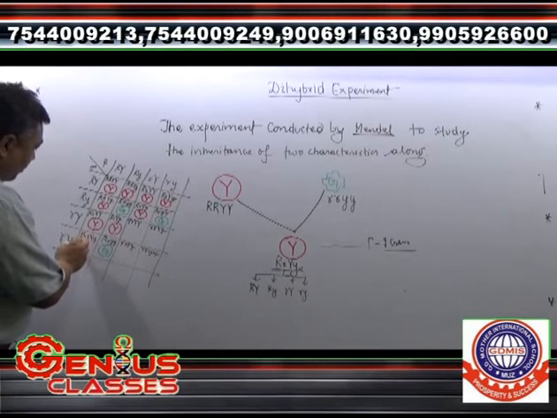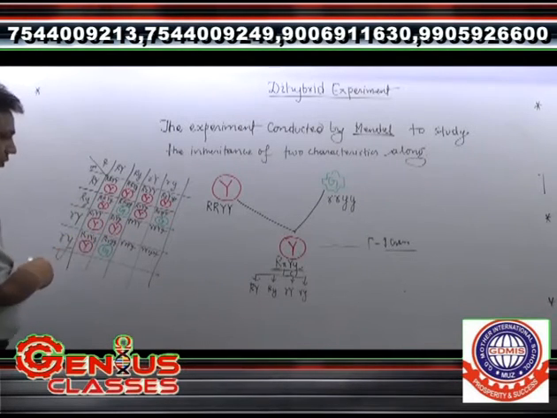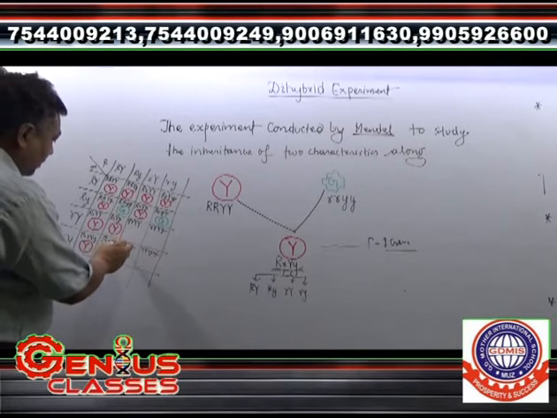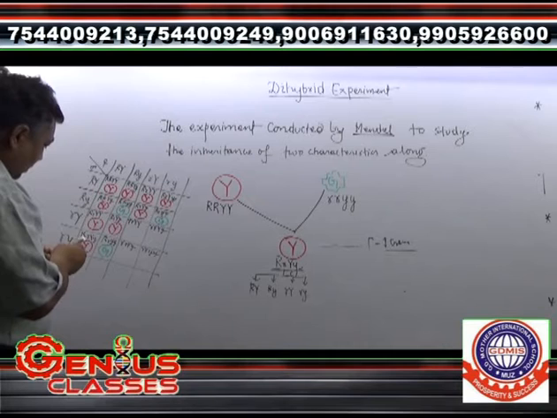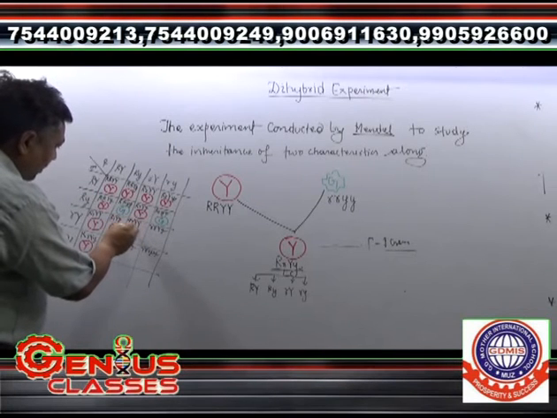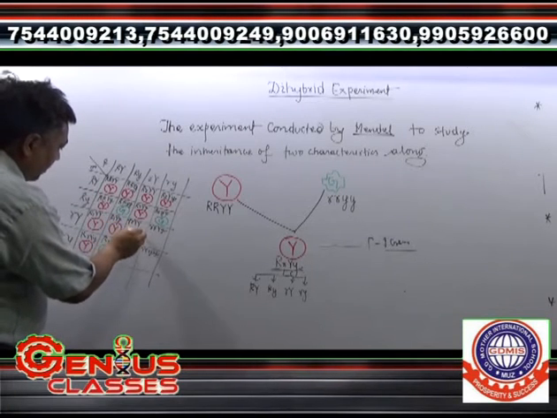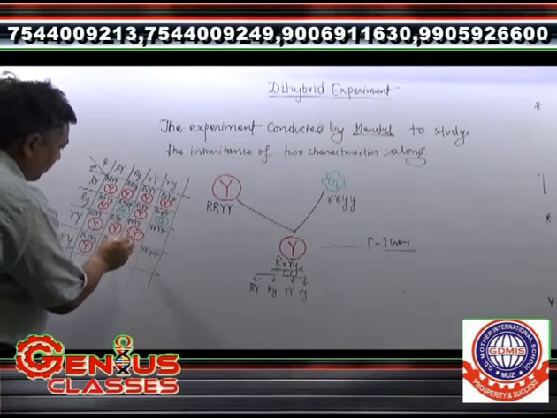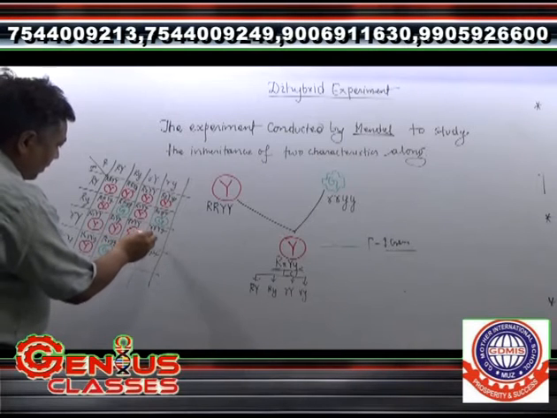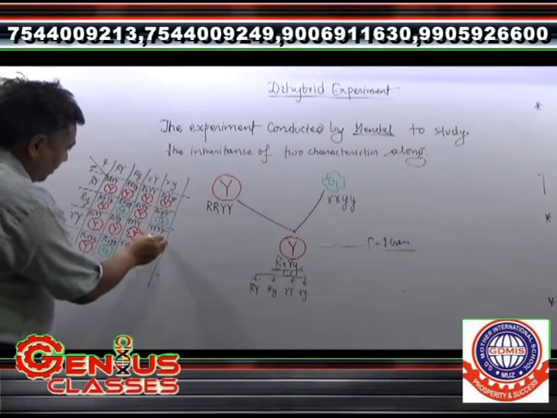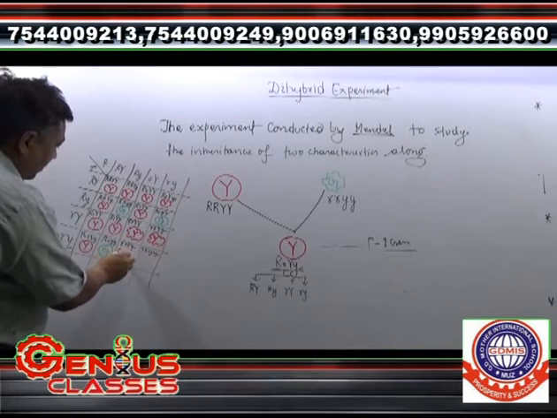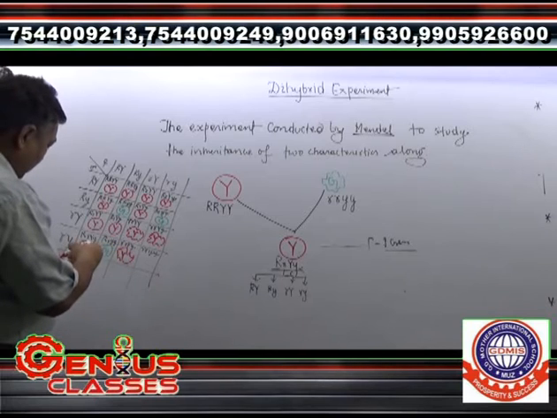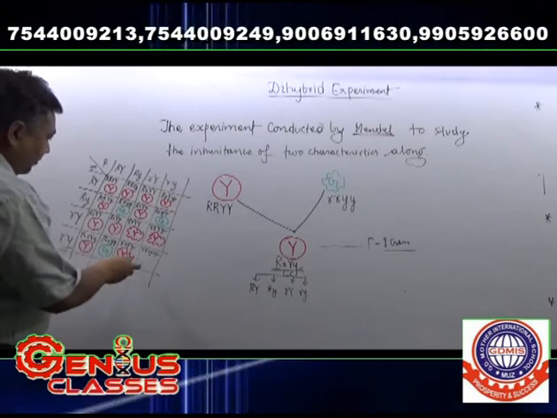Here round yellow. Here a wrinkled yellow. Here a wrinkled yellow. Here a wrinkled yellow. And here a wrinkled green.